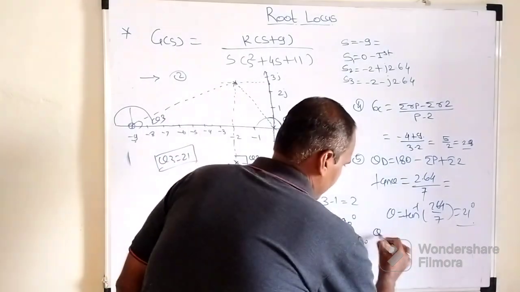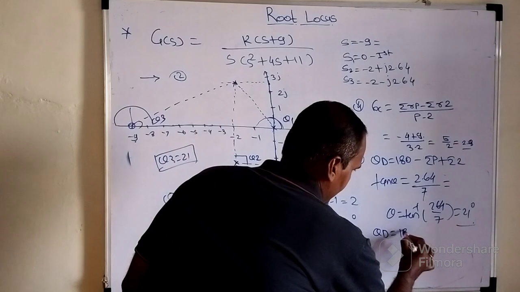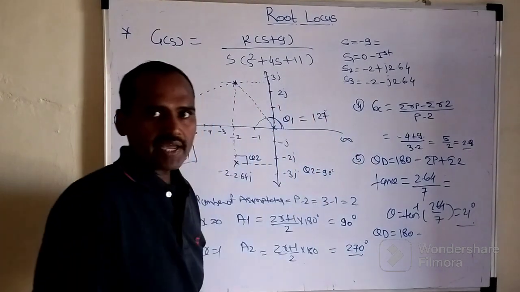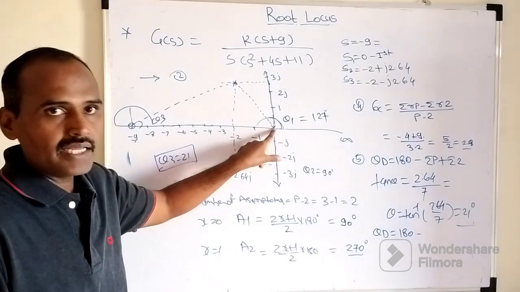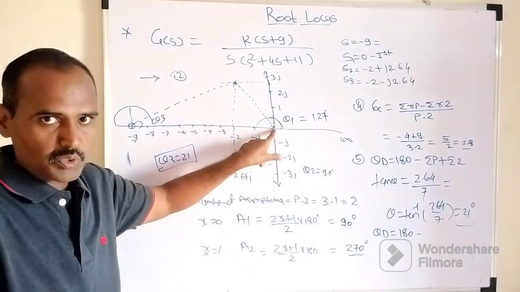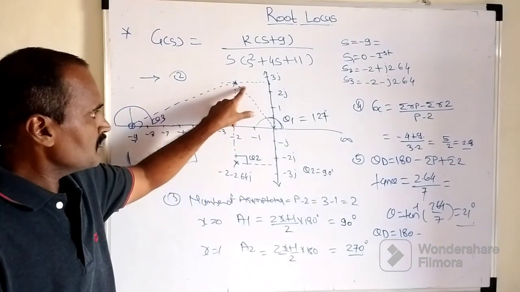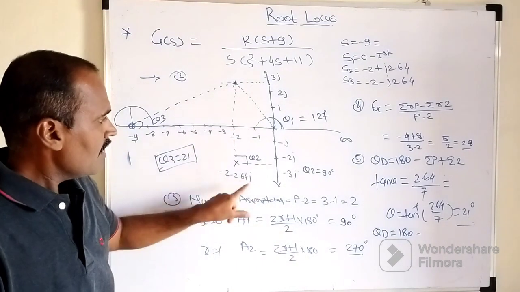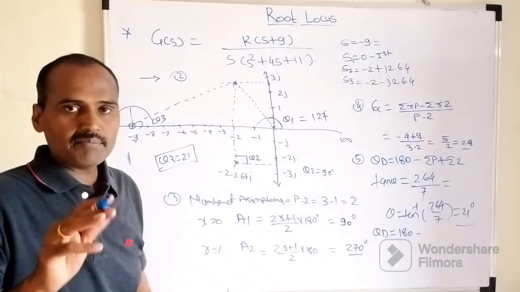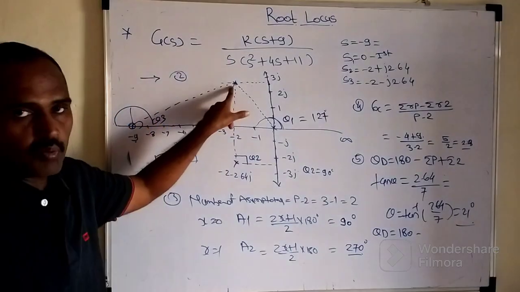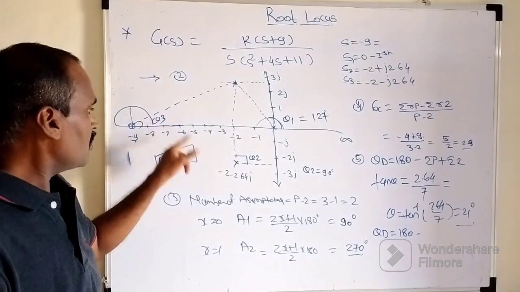In order to determine this angle of departure, it is 180 degrees minus the summation of angles belonging to poles. We have 3 poles, out of that one is located at the origin, and we have 1 zero, right? So phi 1 equals 127 degrees, right? Phi 2 equals 90 degrees, and phi 3 is nothing but the angle made by this zero with respect to this pole, right?